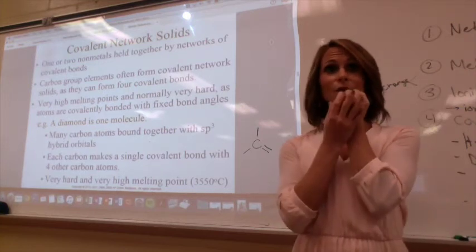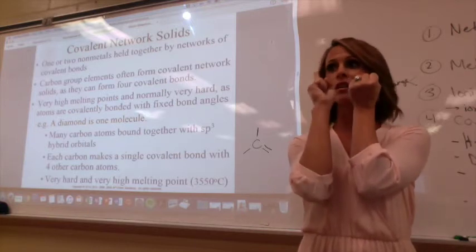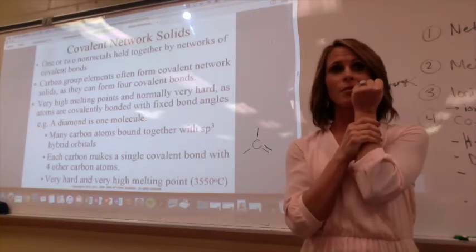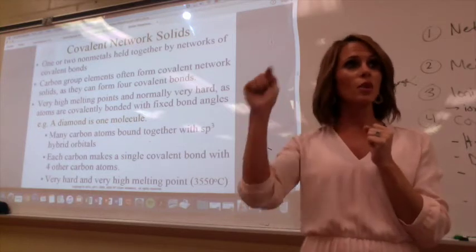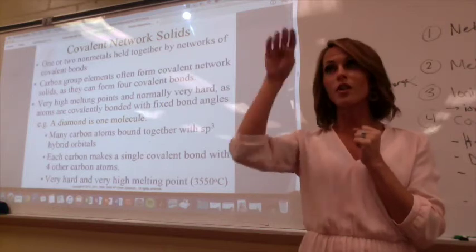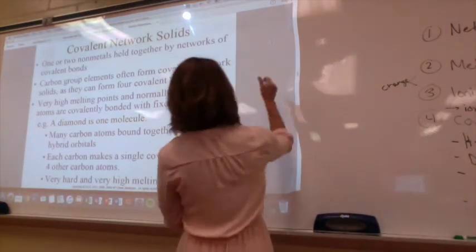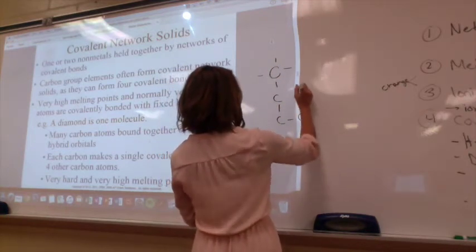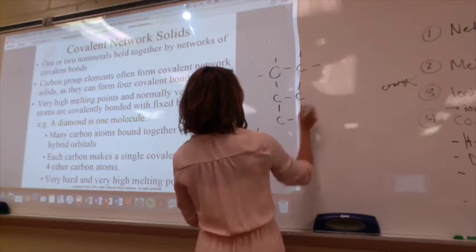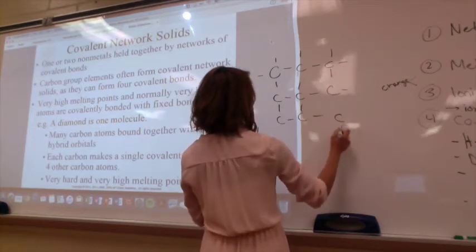My diamond on my finger, right here, is an enormous macromolecule, one diamond molecule, one of them. No intermolecular forces. It's carbon, sp3 bonded to 4 other carbons. So diamond is one massive molecule over and over of all the carbons attached to each other through sp3 hybridization.